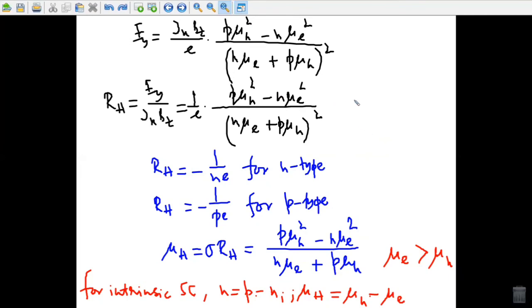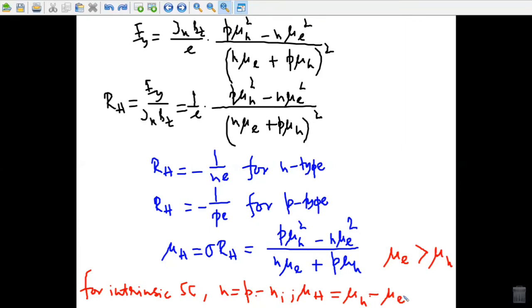So from this equation, we can determine the two-carrier Hall mobility as mu H is equal to sigma RH, which is (P mu H square minus N mu E square) divided by (N mu E plus P mu H). For an intrinsic semiconductor where N is equal to P is equal to Ni, these equations reduce to mu H is equal to mu for holes minus mu for electrons.